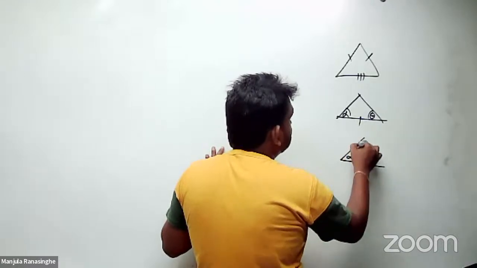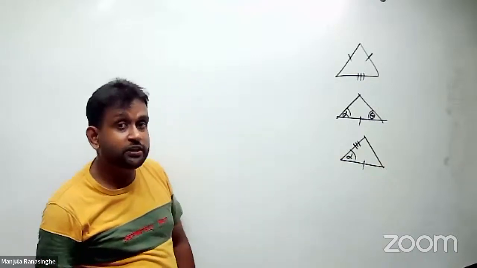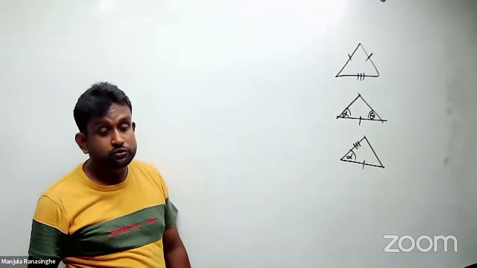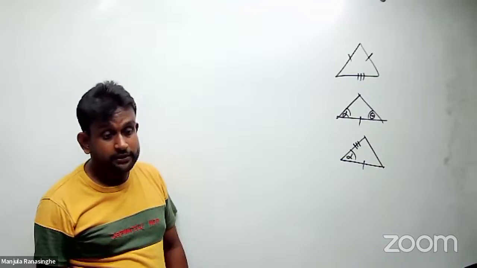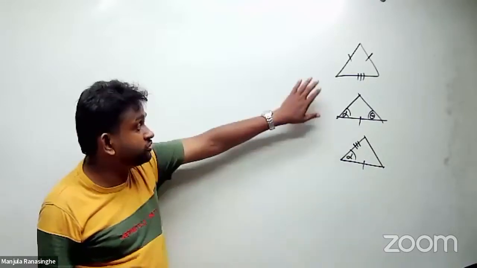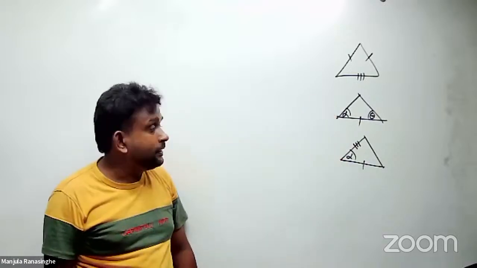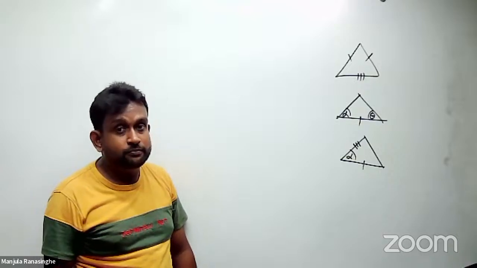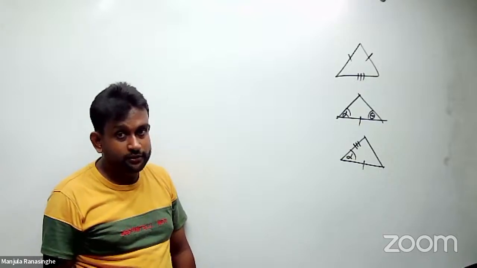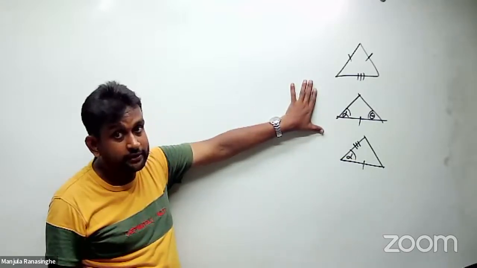Alpha, this side and this side, or whichever sides. Two sides and an angle given, then we can create the triangle. So these are the three methods in which the questions are given: three sides given, two angles and one side given, and two sides and one angle given. Okay, right. So by these methods, you can develop a triangle.